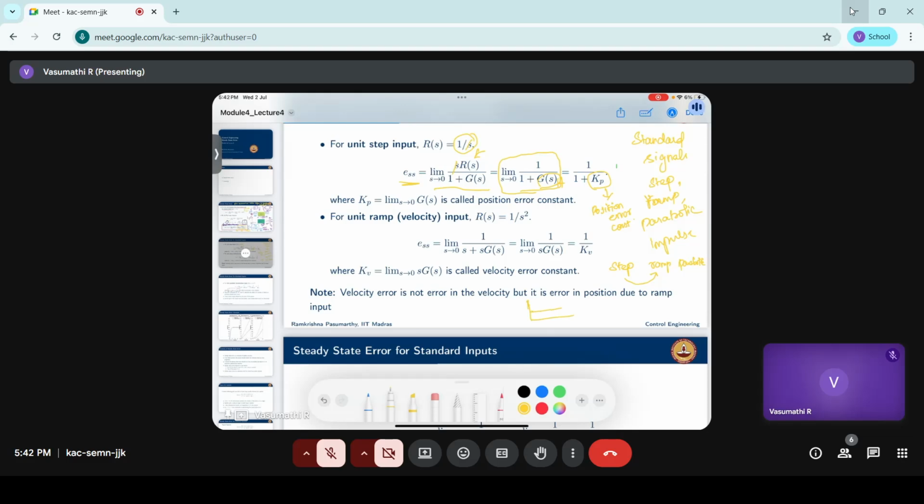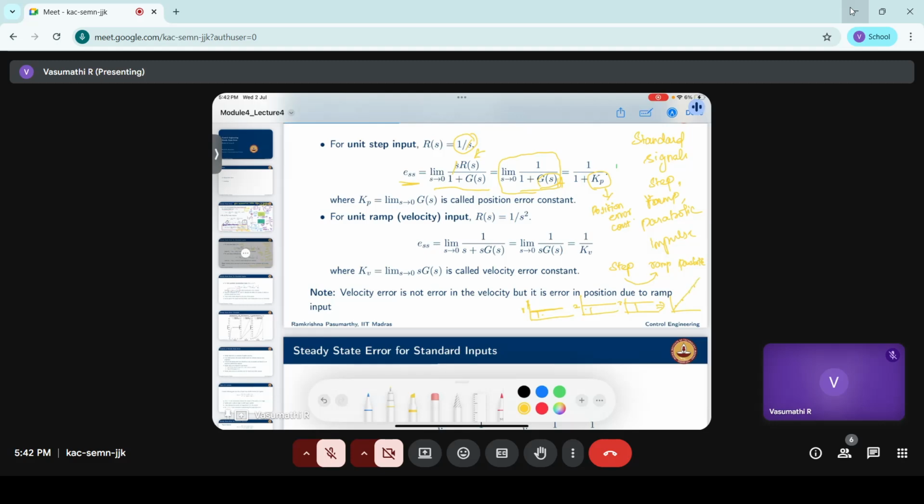This is my step signal. If I keep adding step signals at some instances of time, for example 1, 2, 3, at the first instance this will be 1, then at the second instance it becomes 2, then 4, then 8. It goes like that, so this becomes a ramp signal.